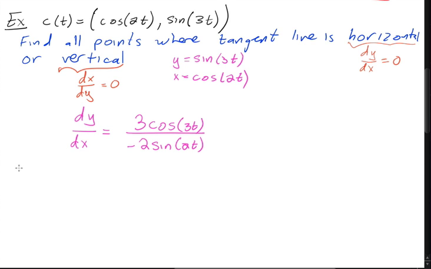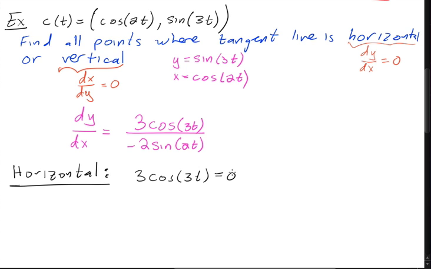Okay, so all right, how about we do horizontal first? So we know that the tangent line is horizontal when the derivative is equal to 0, or in other words, whenever 3 cosine of 3t is equal to 0, right? And so where would that be? Pi over 6, right?